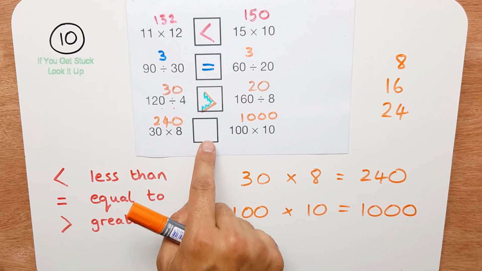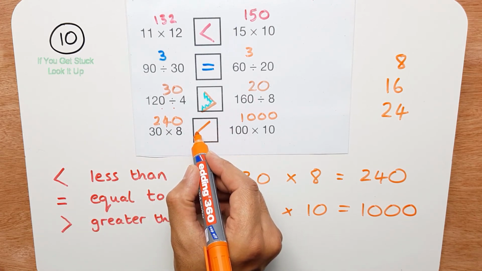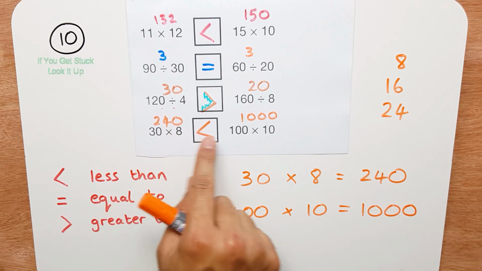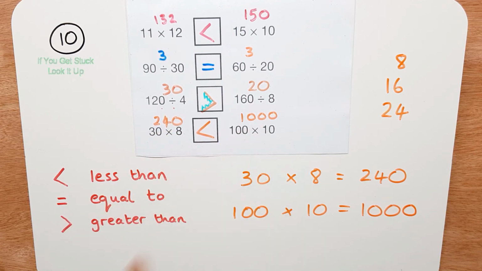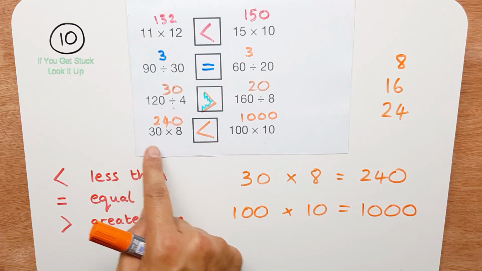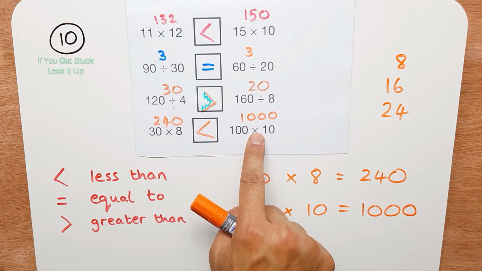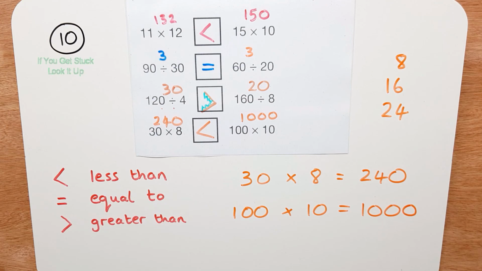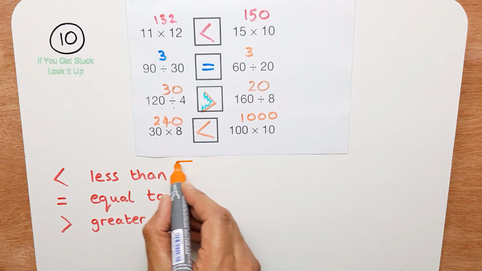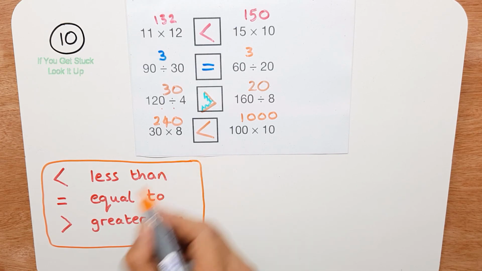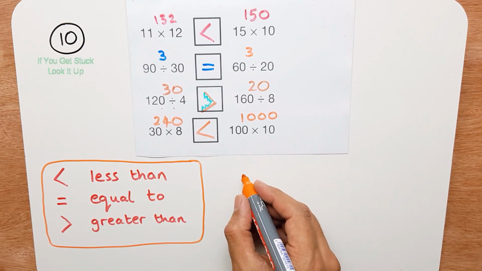So the crocodile wants to eat the bigger number. So 240 is smaller than 1000. And if you want to read it in the opposite direction, you can do that. So I can say 1000 is bigger than 240. So what you want to do is do your best to try to learn these. These are called inequality symbols.